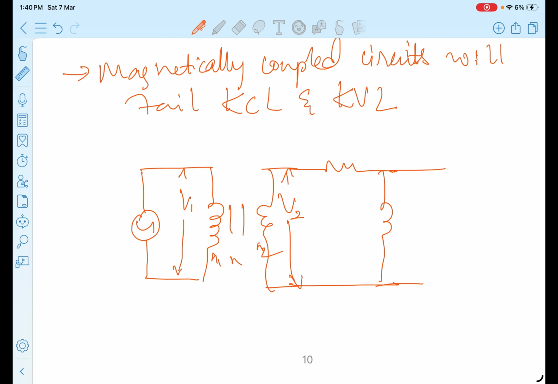Now if you are trying to apply KVL for this loop and again KVL for this loop, which is magnetically coupled with a ratio of N1 to N2, you can explain KVL separately and KCL separately, but if you want to apply both KCL and KVL for the same magnetic circuit, the equations will not hold good and you will not get the same results which you want to get. So that is the reason for magnetic circuits we will not have KCL and KVL applicability.